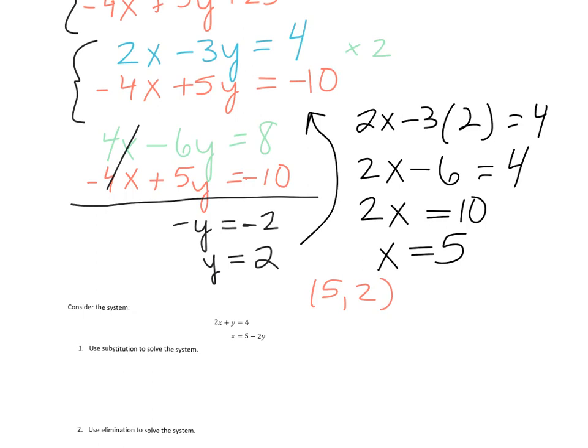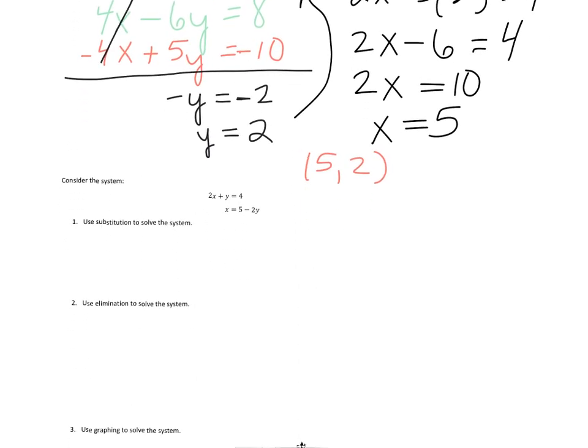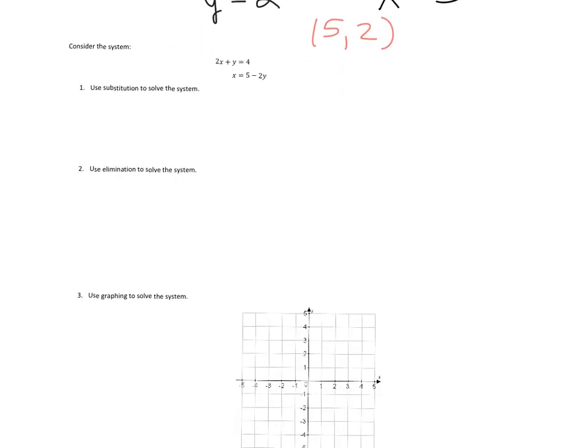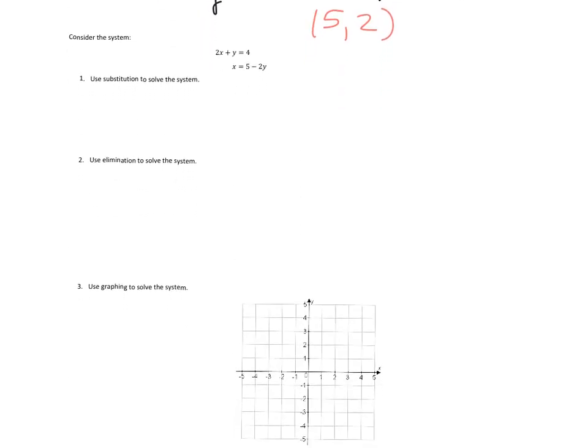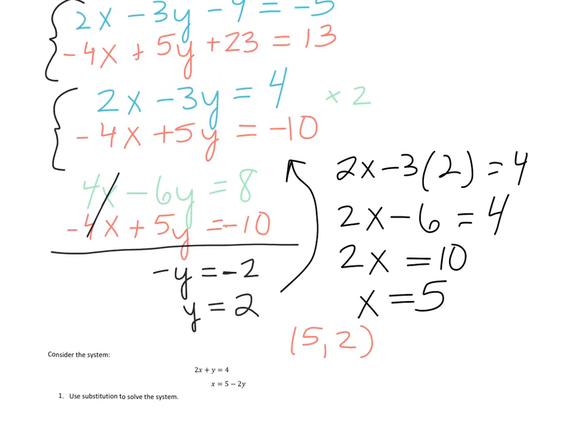Okay, so final example. Sometimes we ask, what's the best way to solve a system? Because we have 3 different methods: substitution, elimination, or graphing. So essentially, if things are lined up, like right here, and solving for a variable would be difficult, elimination's the best method.